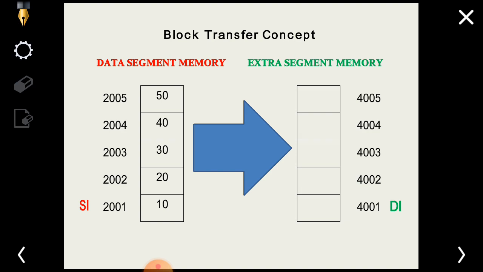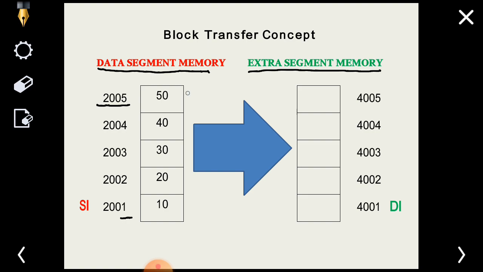Here we'll see the concept of block transfer. Let's consider we have two memories, data segment memory and extra segment memory. In data segment memory, we have loaded 5 bytes, that is 10, 20, 30, 40 and 50 from location 2001 up to location 2005.